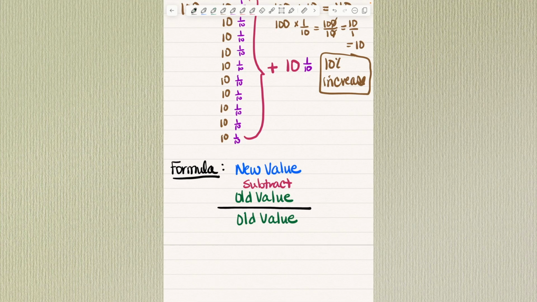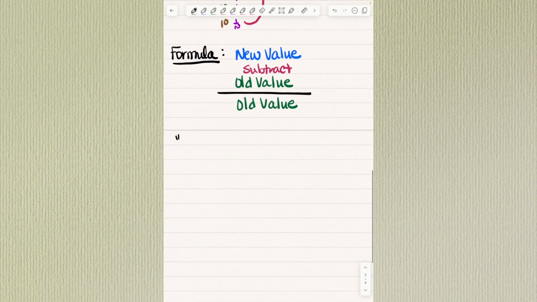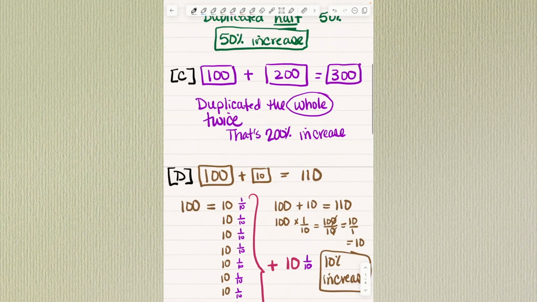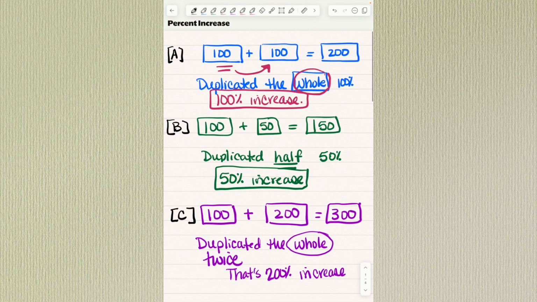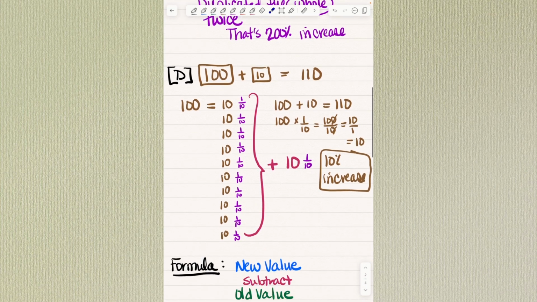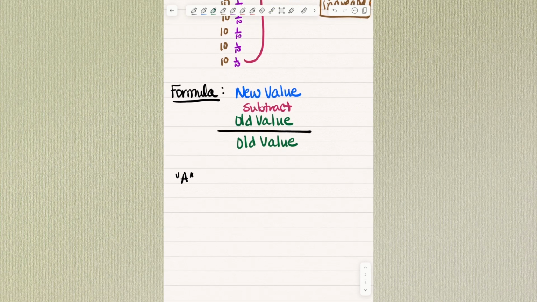So if I go back to A, this one, my new value is 200. I started with 100, okay? So then that means I'm going to take 200 minus 100 divided by 100.